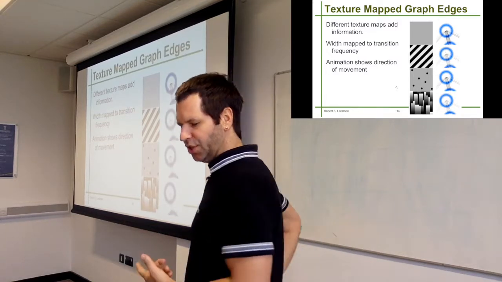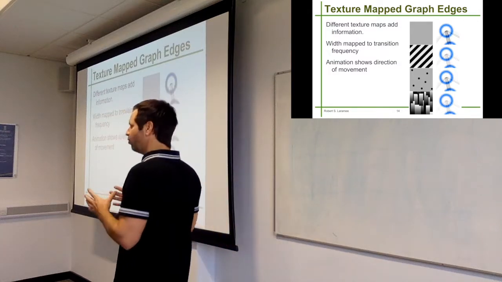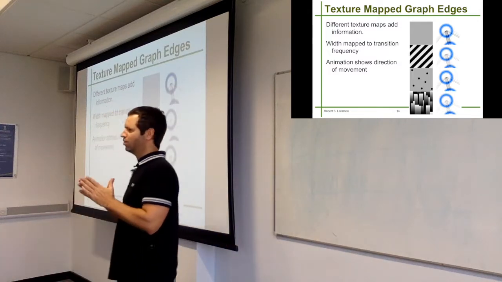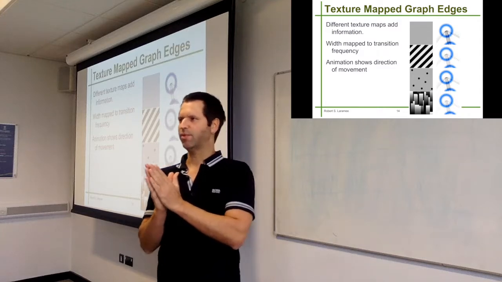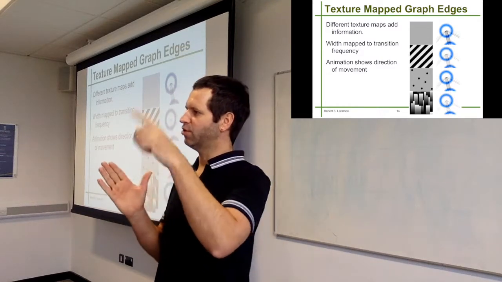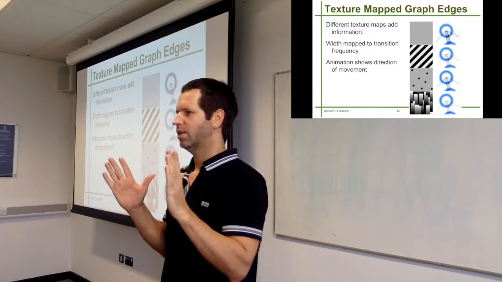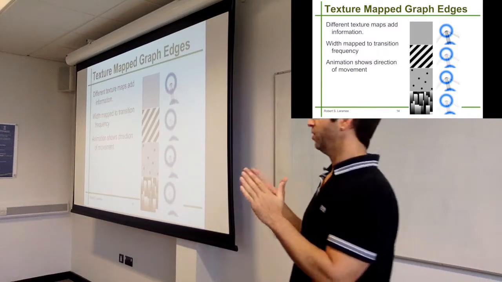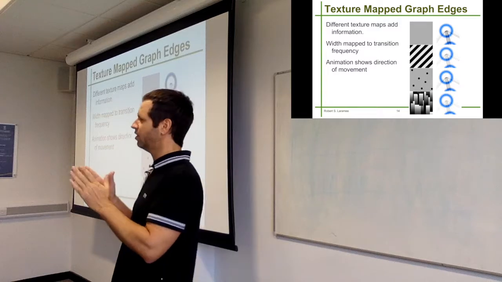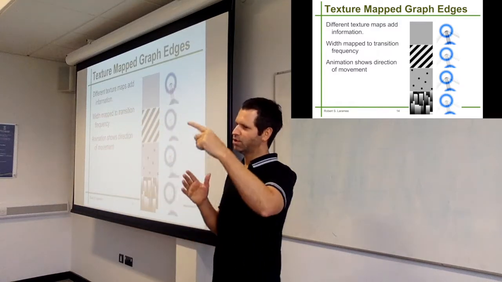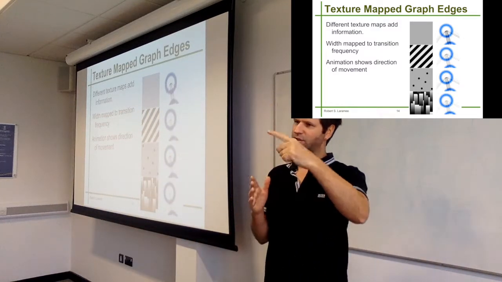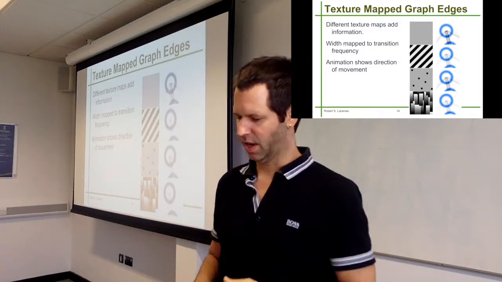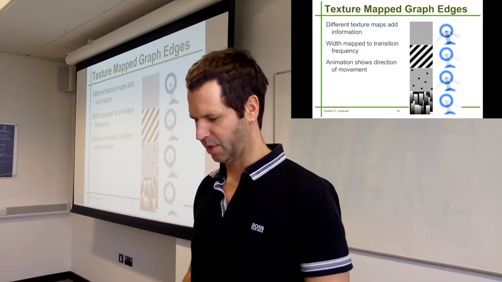And we can actually encode the frequency of transitions in those edges. For example, we could make edges with more frequent transitions thicker, or we could give them different textures. And one of the nice properties of textures is you can animate them, so you can show animation in the flow of transitions, right, and indicate which direction transitions are happening in.